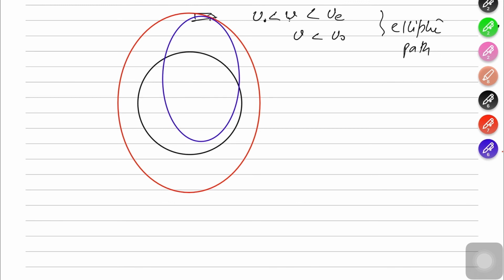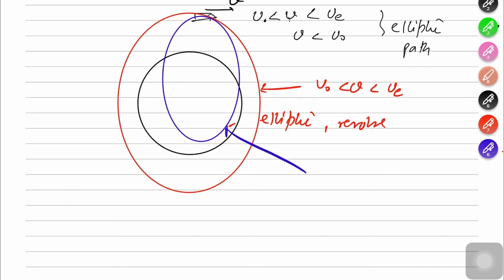Suppose this is projected with a velocity. If velocity is less than the escape velocity but greater than orbital, it will have an elliptic path and revolve.